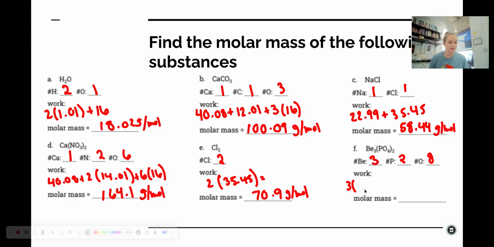So we've got 3 times 9.01 plus 2 times phosphorus, which is 30.97, plus oxygen, which is 8 times 16. Plugging all this in, beryllium phosphate has a molar mass of 217.48 grams per mole.